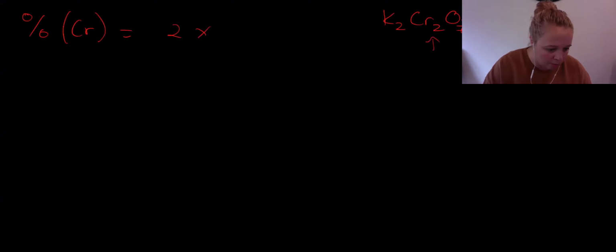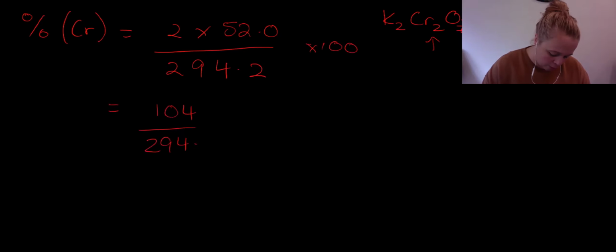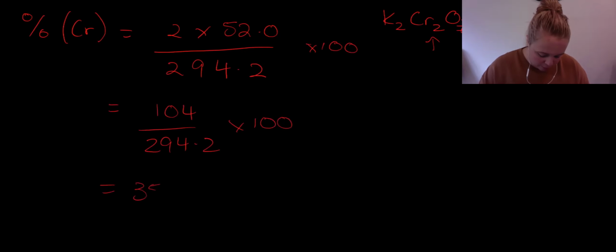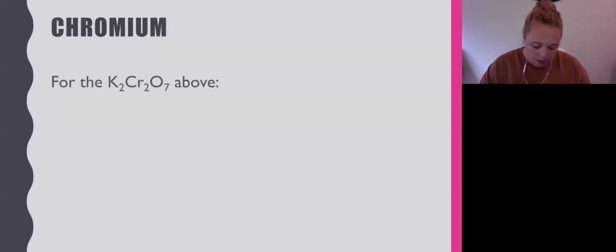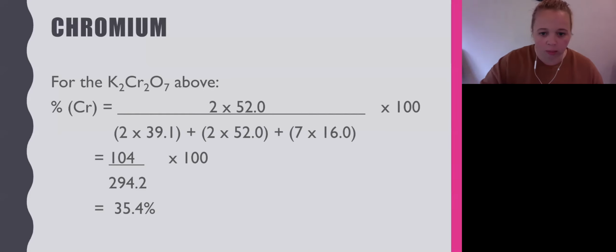So we go 2 times, reading off the periodic table, 52, over 294.2, because that hasn't changed, times 100, equals 104 over 294.2 times 100. That equals 35.4%. Nice and easy. Let's just check: 2 times 52 is 104 over that, 35.4%. Now that is it for a work through on percentage composition.